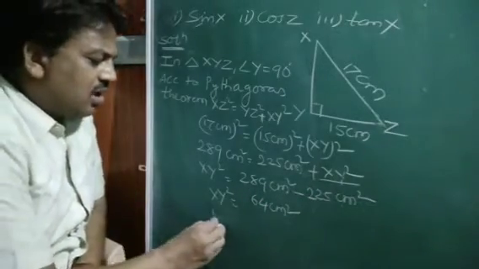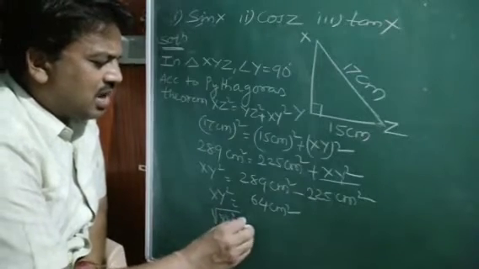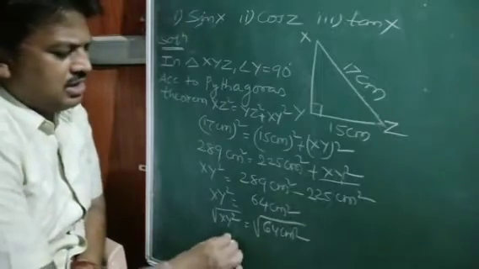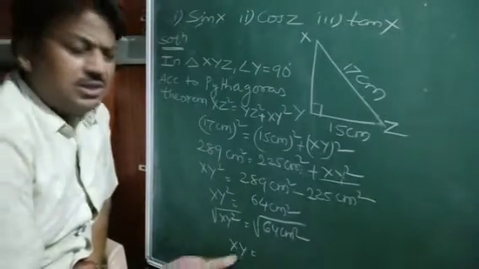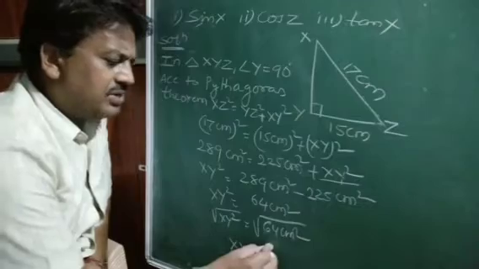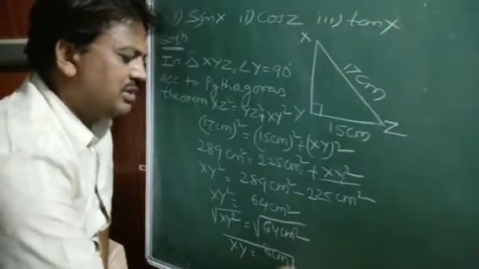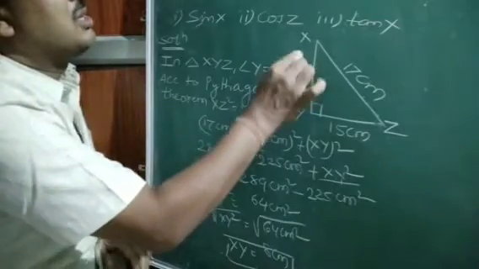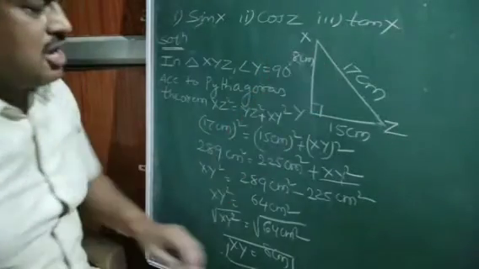To find the value of XY, apply square root on both sides, children. So XY is equal to the square root of 64, which is 8 centimeter. We got 8 centimeter, which means this side is also known, that is 8 centimeter.